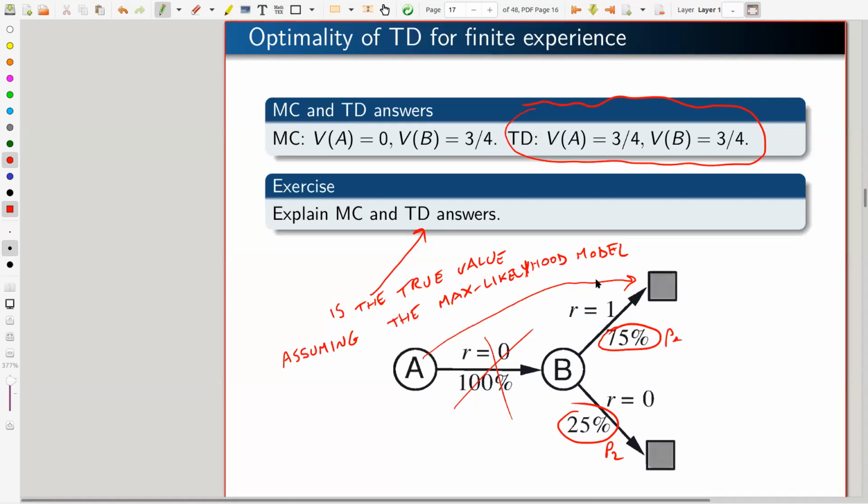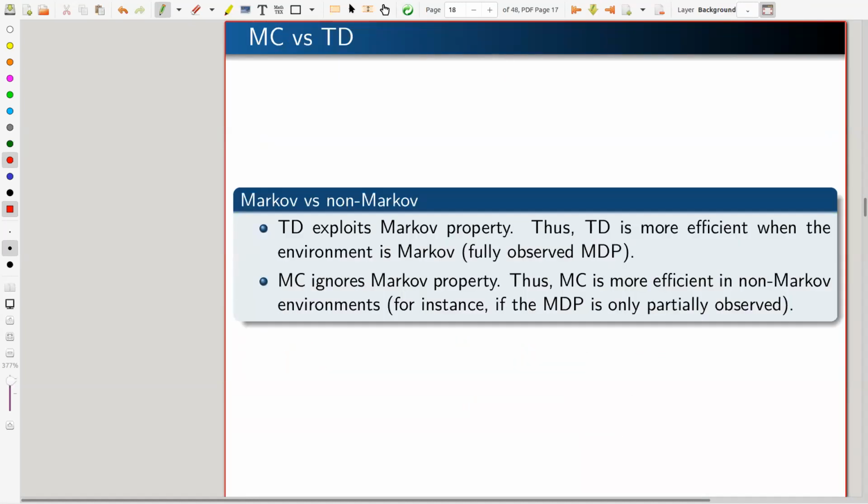Well done. So remember this. We now have some qualitative argument to think about Monte Carlo and temporal difference properties.